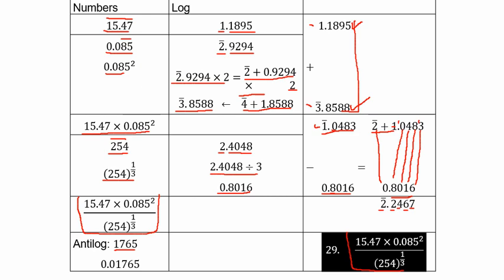So you have 001765. So the point is after the first zero. So we have 0.01765. So that is the result for evaluating this problem using logarithm.